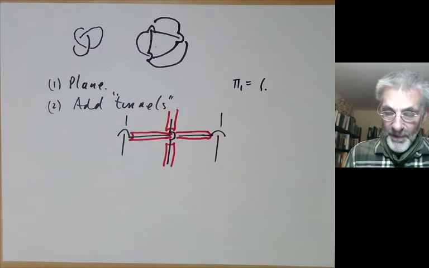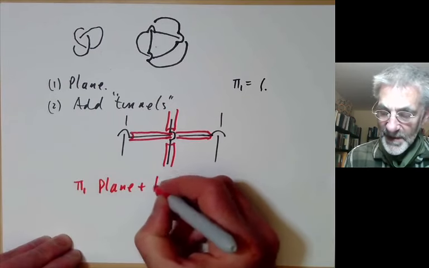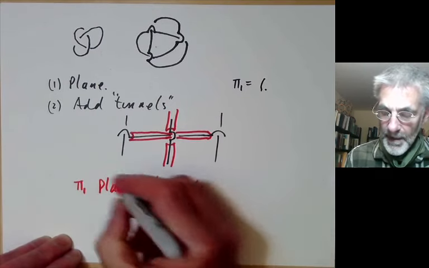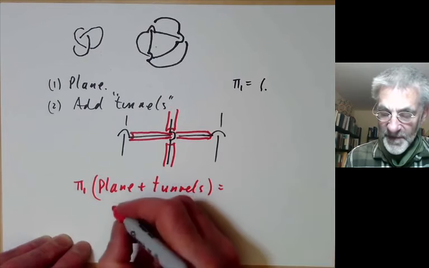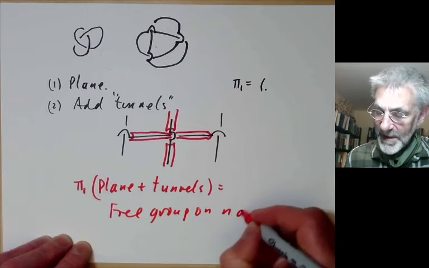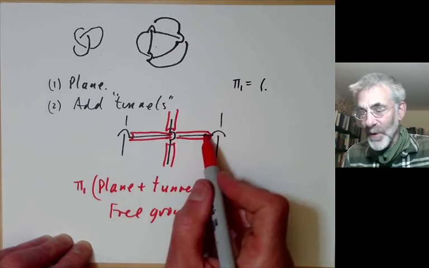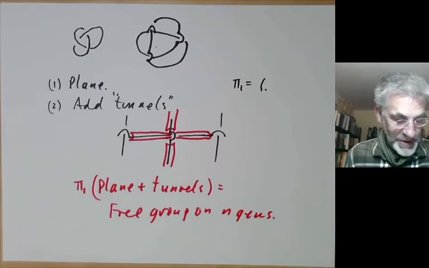So pi1 of the plane plus these tunnels is just a free group on n generators, where n is the number of pieces of track we get if we demolish all these bridges.